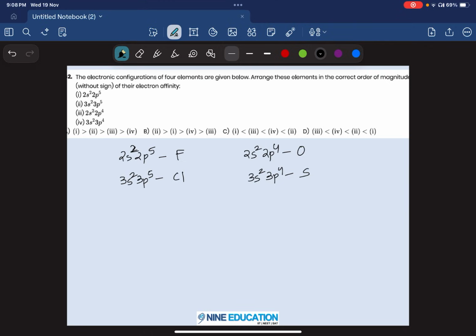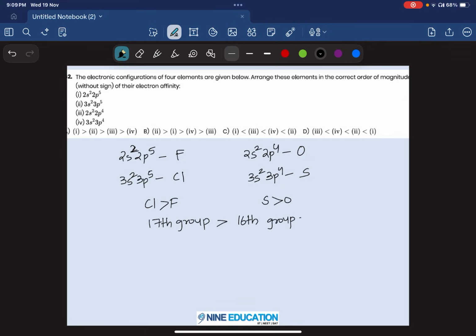So electron affinity order. How to know the electron affinity order? In case of sulfur and oxygen, sulfur has more electron affinity than oxygen. In the same manner, the electron affinity of chlorine is greater than fluorine. And always remember the electron affinity values of group number 17 are greater than electron affinity values of group number 16.